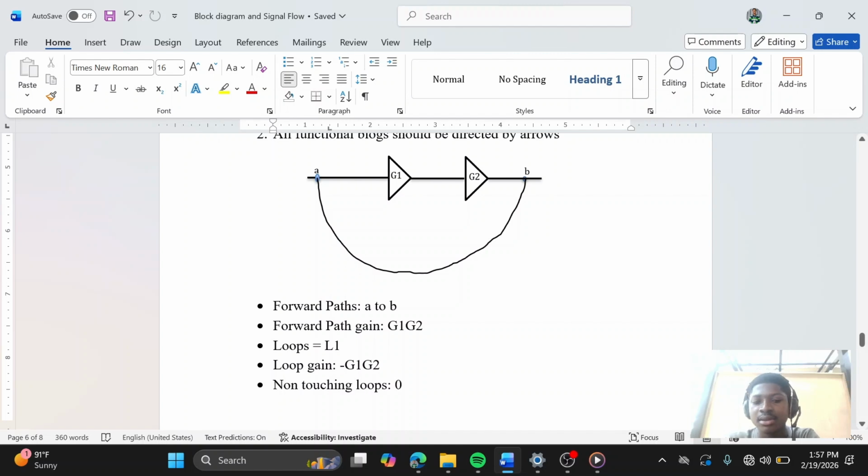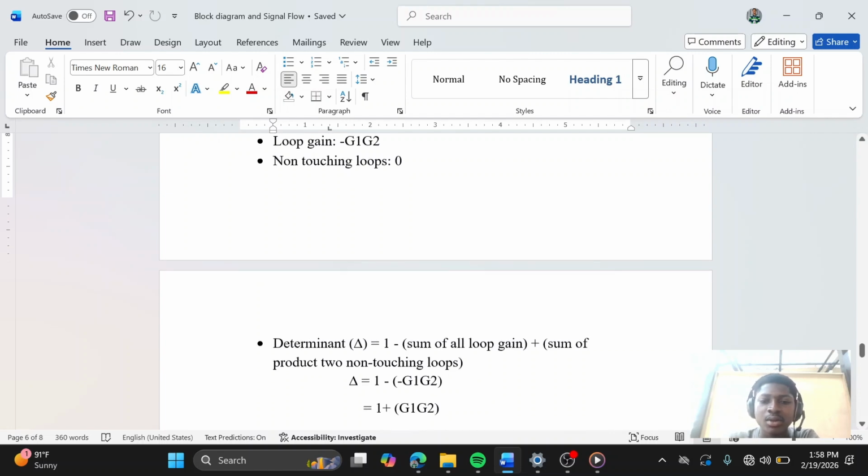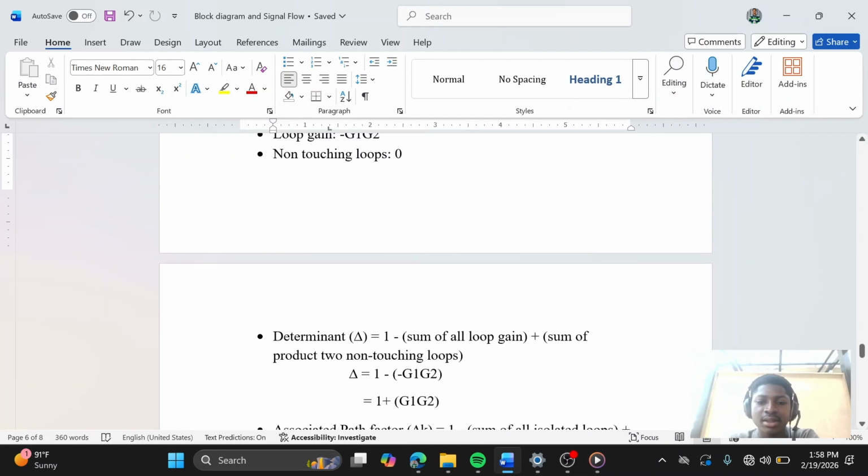So we'll be finding the determinant. The determinant is equal to 1 minus the sum of all loop gains plus the sum of products of two non-touching loops. The sum of all loop gains is negative G1 times G2, and because we don't have any non-touching loops, that term is 0.